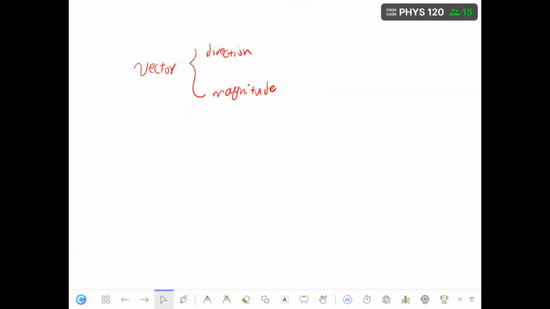When we are talking about the velocity, we assume that the velocity is a vector.